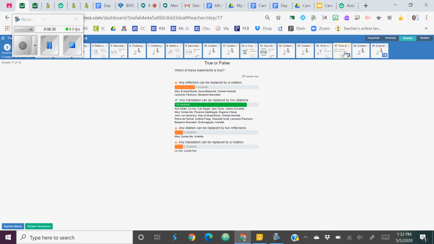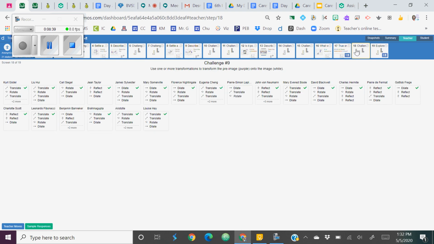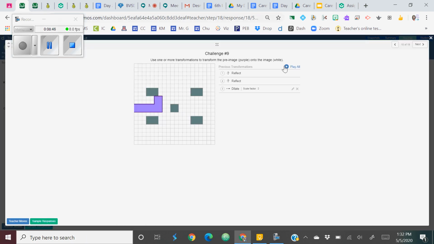And so we're going to go to this last challenge here, challenge 18. Here's one solution that worked. This was a tough one. Going back to that reflection over the oblique line, that's a good one.